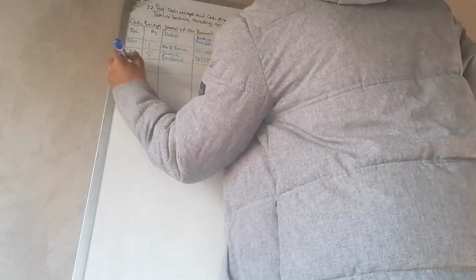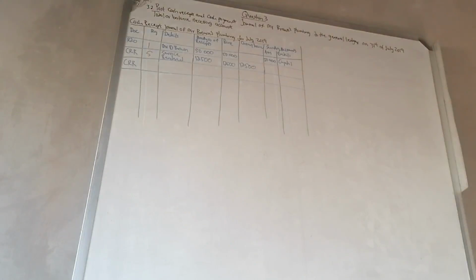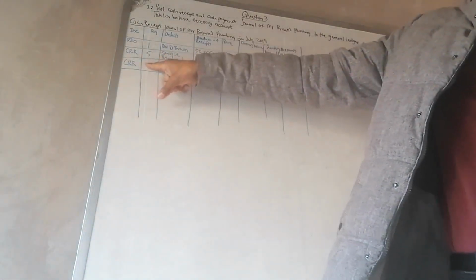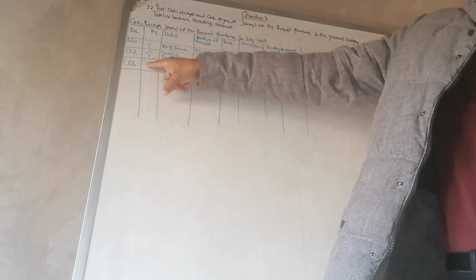And then we have document CRR once again. The day was the same, the 5th, so we don't write the number 5 again because it was on the same day.